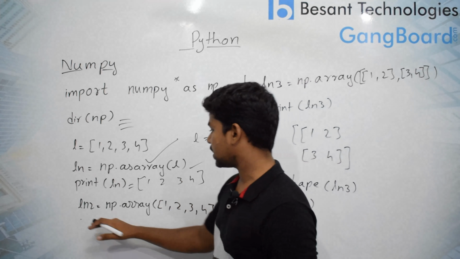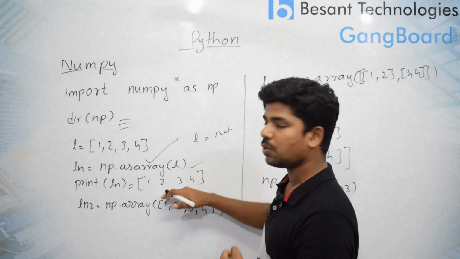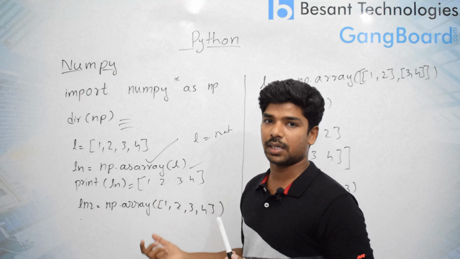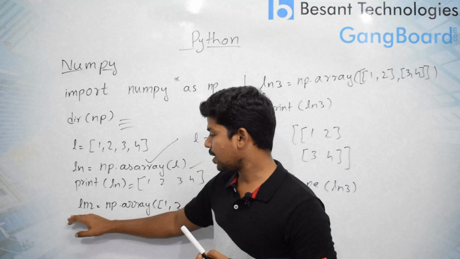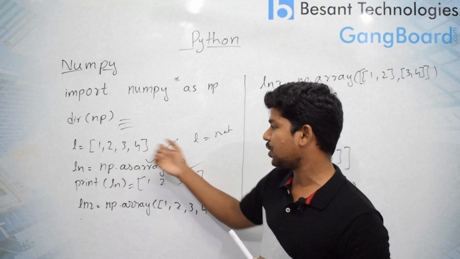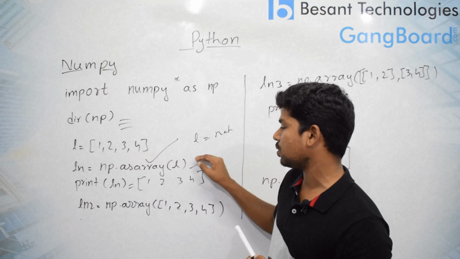Next, we have converted a list to a matrix. Now we are directly going to create a matrix using another method under NumPy. So ln2 equals np dot array. Here we are converting a list to an array, and a list is now converted to an array.